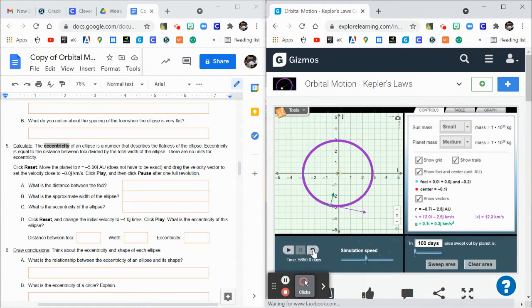So let's see. Move the planet to r minus 5. There you go, r minus 5. And drag the velocity vector, set the velocity vector to minus 8. Okay, there it is.